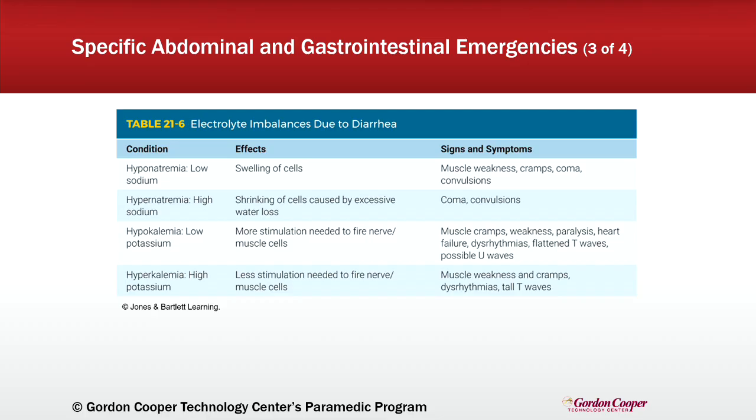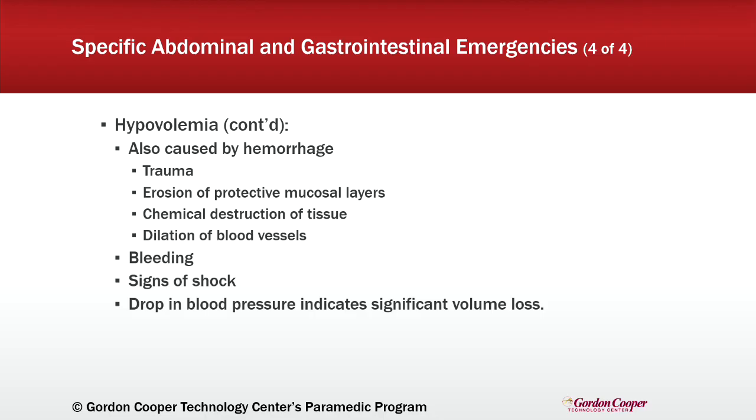If it's hyperkalemia, it's going to make the cells a lot more sensitive to electrical impulses. So with somebody that's dehydrated, their issue extends beyond the hypovolemia, and we have to look more closely at the electrolyte imbalances that are associated with that as well.